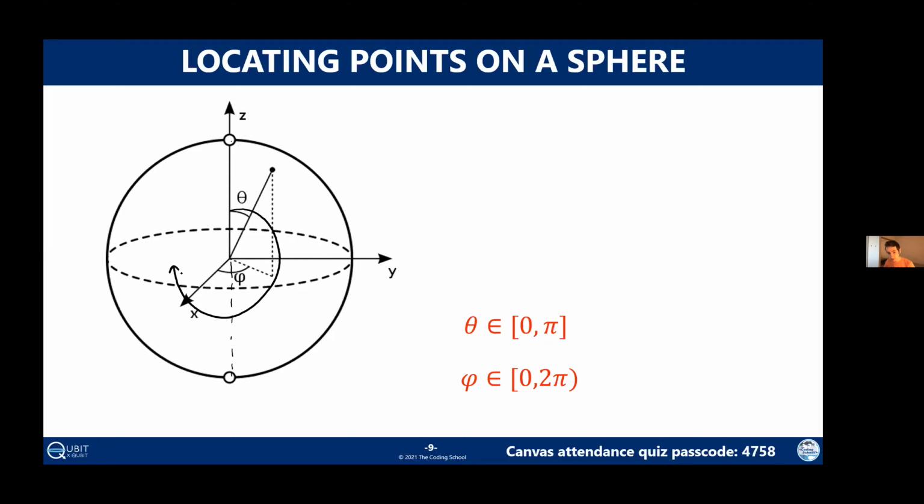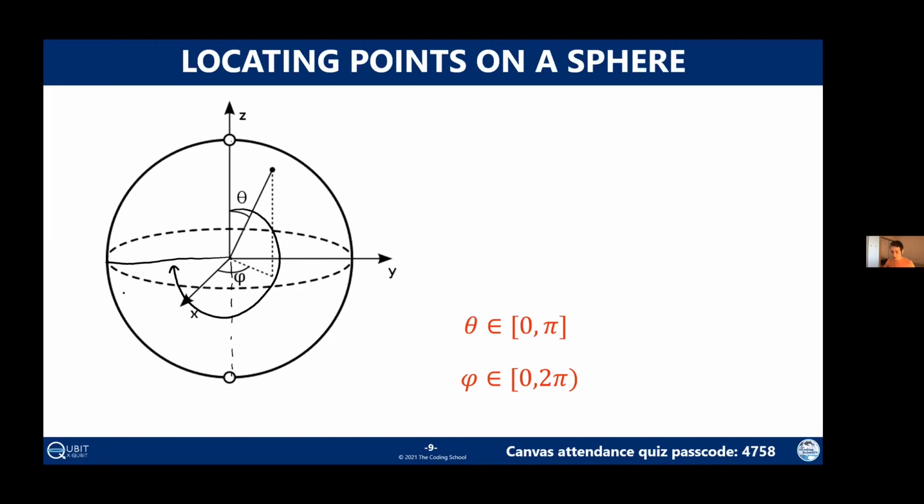What problem would we run into? The problem we would run into here is that there's 2 different ways you could describe, for example, the negative y-axis. You could either describe it as theta equals 270 degrees and phi equals 90 degrees, or you could describe it as theta equals 90 degrees and phi equals 270.